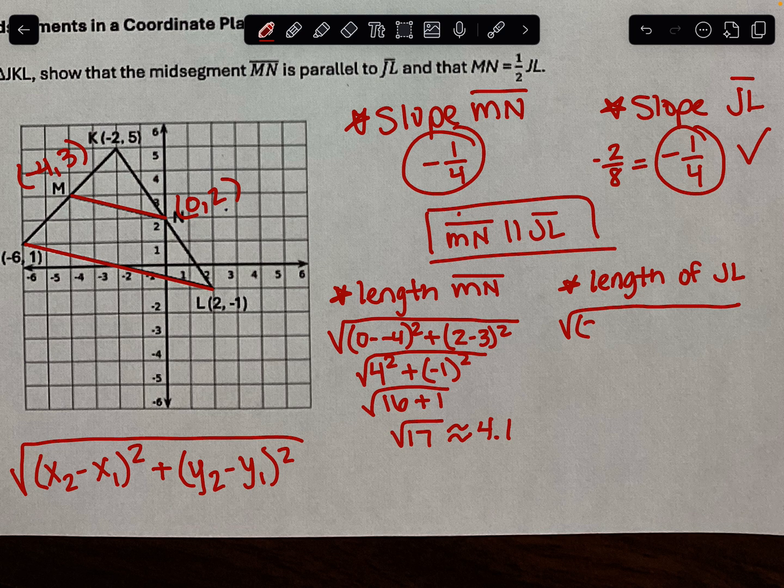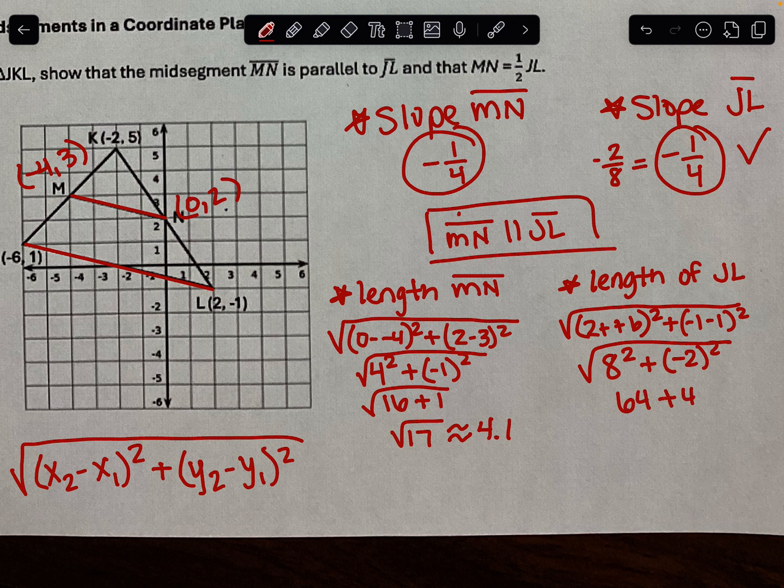x1, 2 minus negative 6. Square it. y1 is negative 1 minus 1. Everybody okay with where I got those numbers? Okay. What is 2 minus negative 6 or 2 plus 6? 8. So we get 8 squared plus negative 2 squared. What is 8 squared? 64.